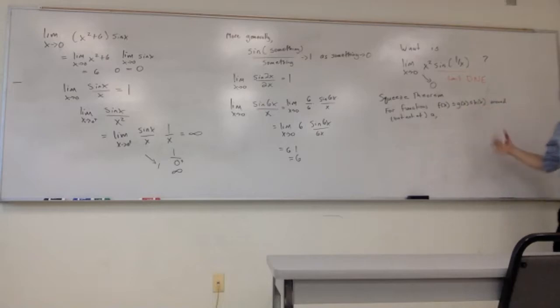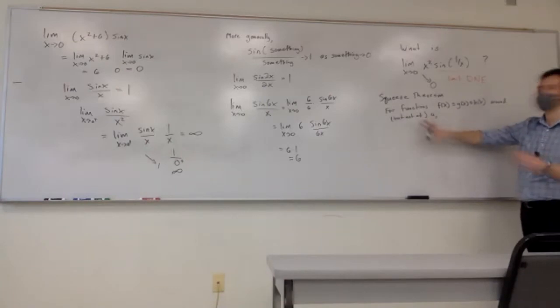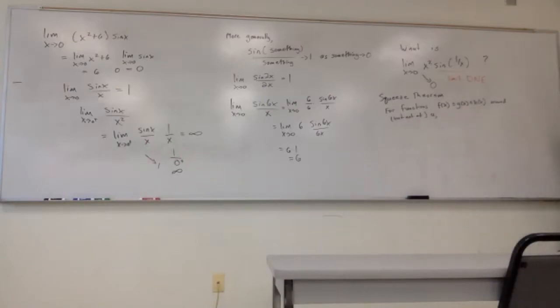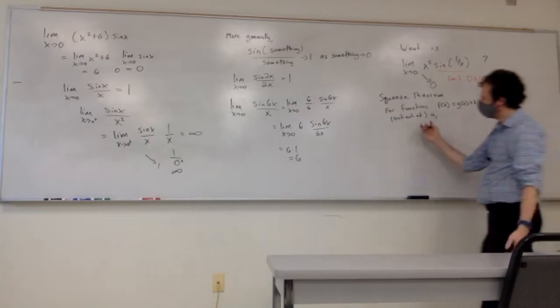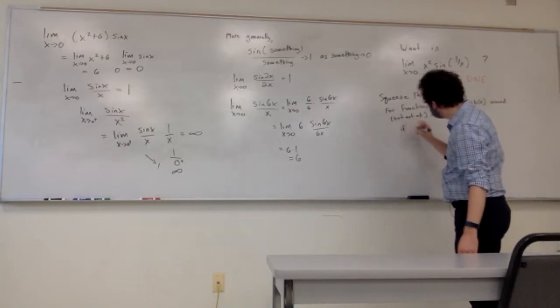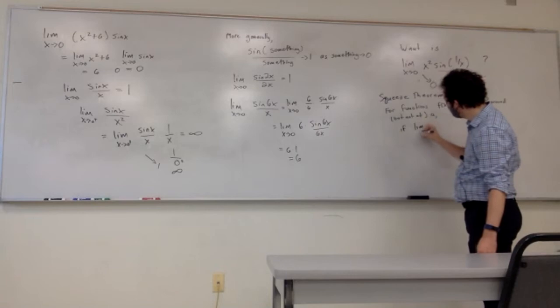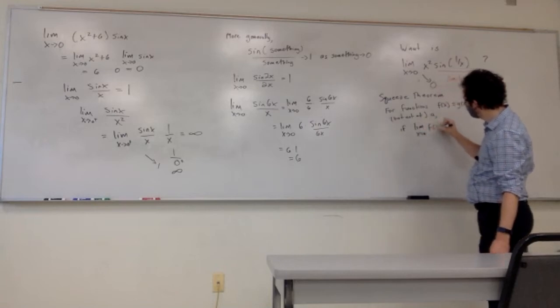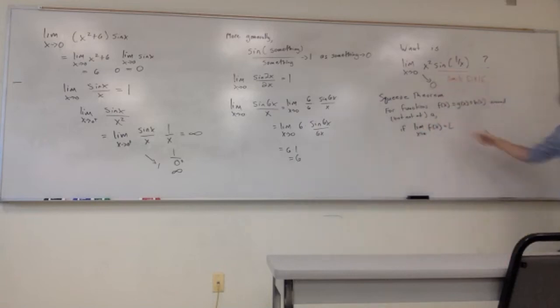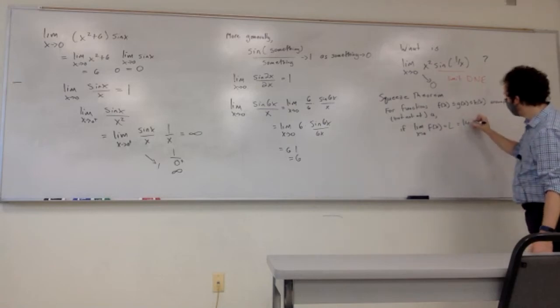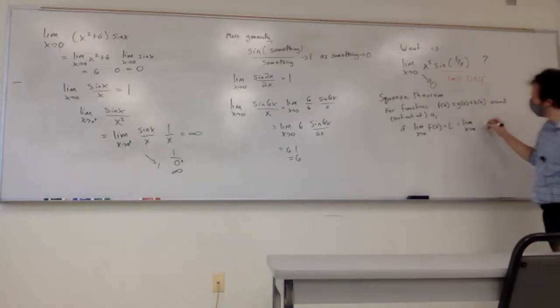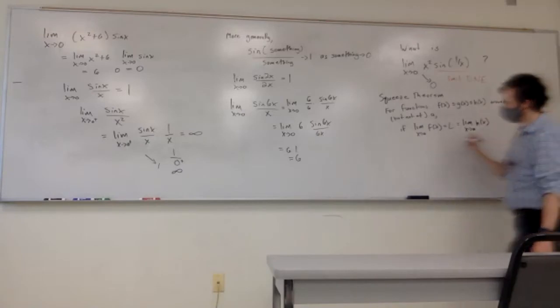And then, as always, we don't care what happens at the point a, so maybe the inequality doesn't hold there, but in some kind of interval around that point. Okay. So what we look at is the limit of the bottom function, and that exists and is some number L. And that L is also the limit if you take the limit of the top function, the limit as x goes to a of h of x.